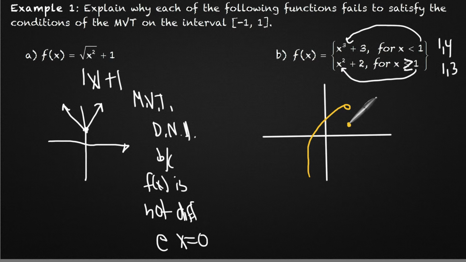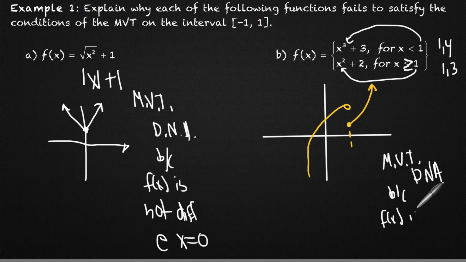Here is a parabola that starts at over 1 up 3, and it's an up parabola here. So we can see that the function is not continuous at x equals 1. So you'll say the mean value theorem does not apply because f of x is not continuous at x equals 1.